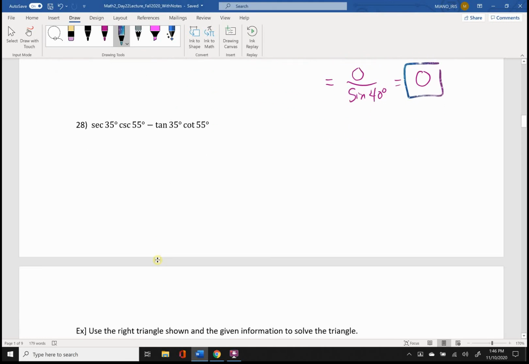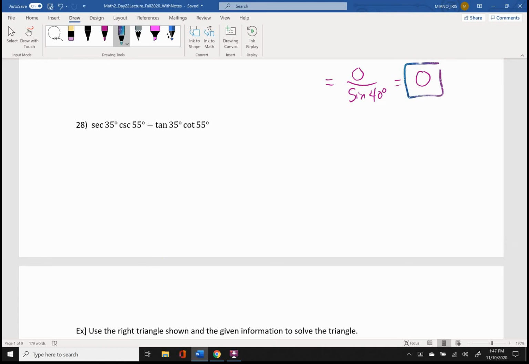Let's right off the bat recognize that secant and cosecant are cofunctions, and we happen to have complementary angles inside of each of them. 35 degrees plus 55 degrees, guess what they sum to? 90 degrees indeed. We have the same thing happening with cotangent and tangent here.